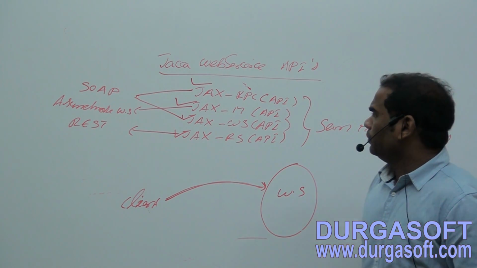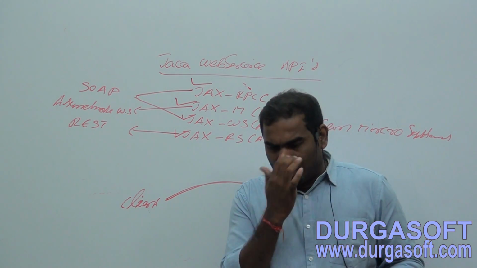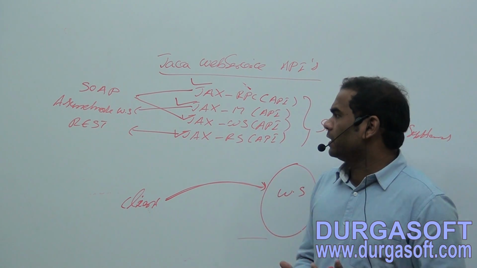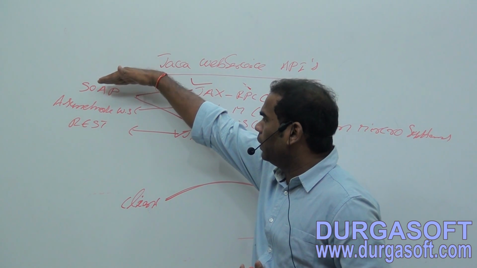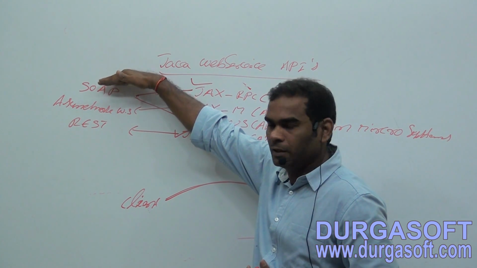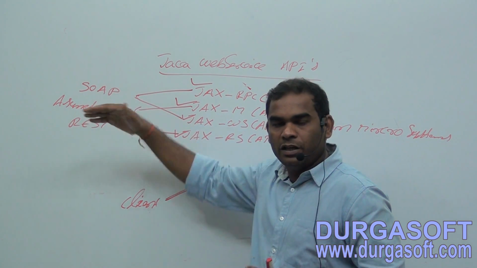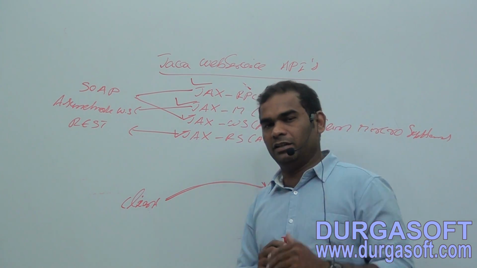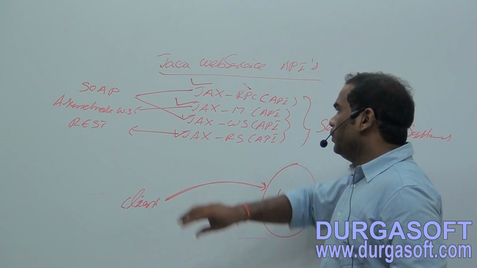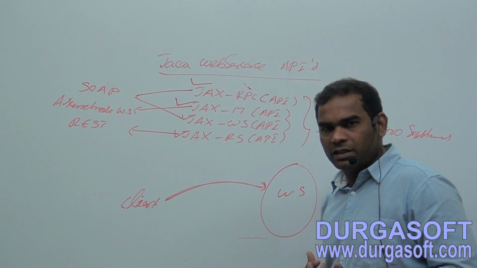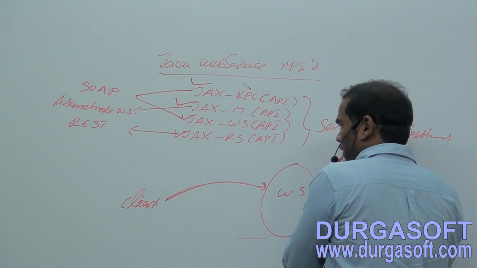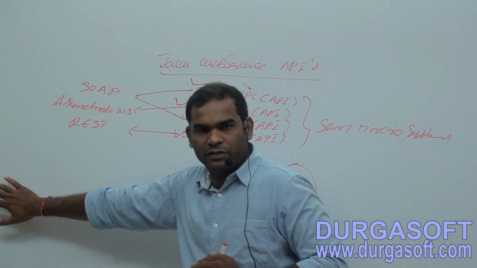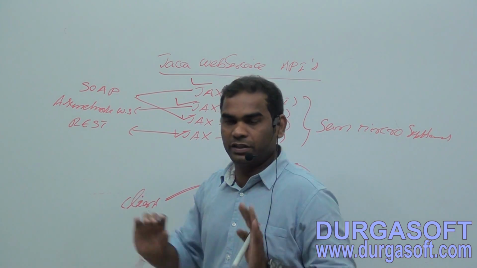In the next videos we will discuss what SOAP based web services are, what RESTful web services are, and the difference between them. So using these APIs, as we discussed, we can develop web services as well as web service clients in Java language here.